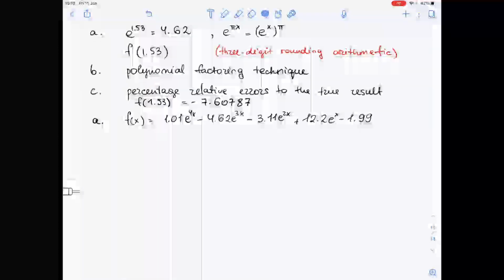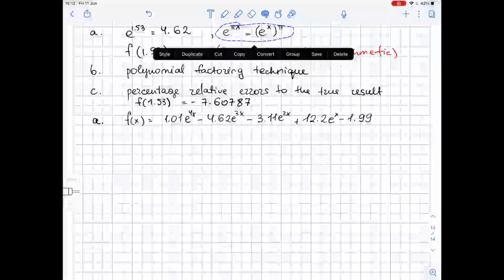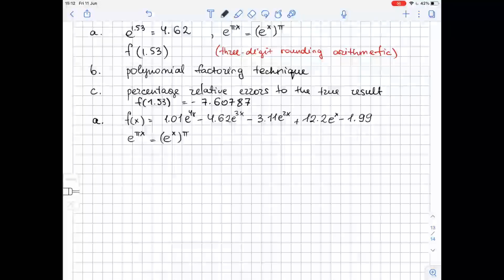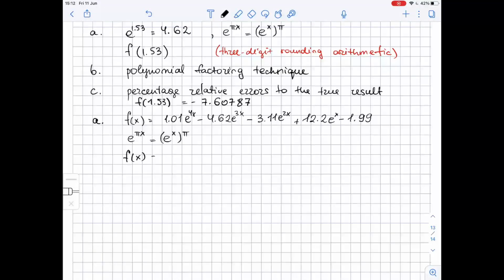Now the first thing we will do is use the fact that we were given in part A to rewrite our f of x as f of x equals 1.01 times e to the power of x to the power of 4 minus 4.62 times e to the power of x to the power of 3 minus 3.11 times e to the power of x to the power of 2 plus 12.2 times e to the power of x minus 1.99.